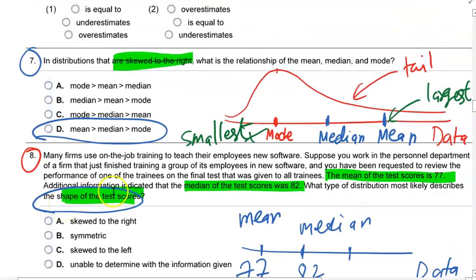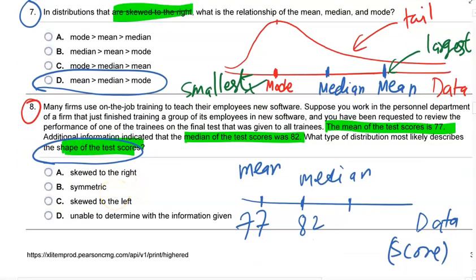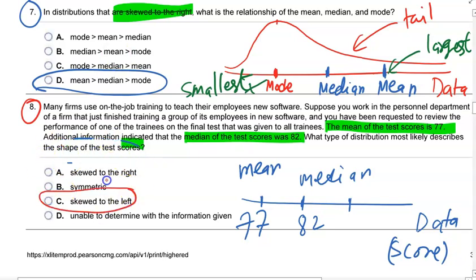What if the mean and median are the same? That is called symmetric. But here it is not symmetric, because the mean is different from the median, and this is skewed left.